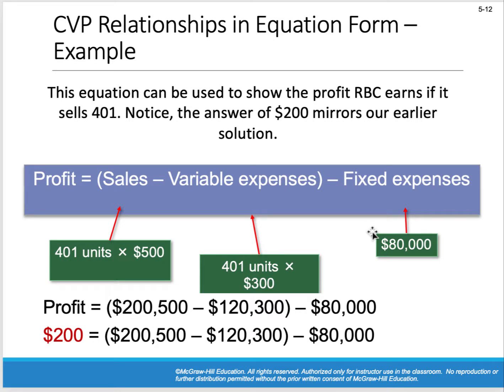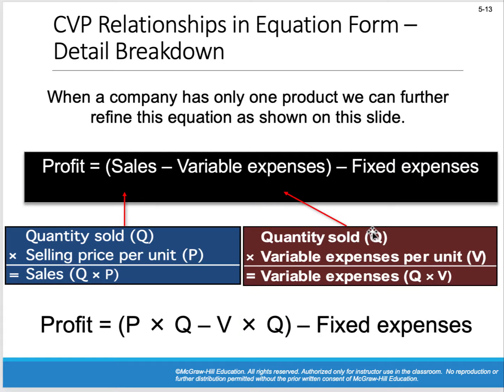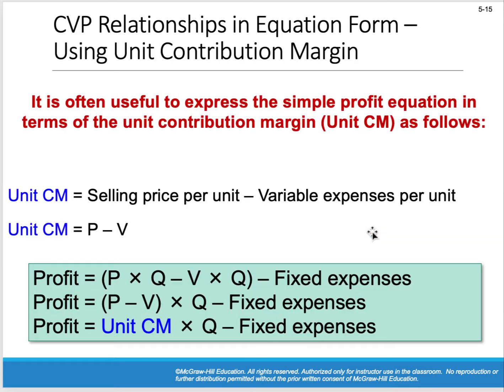Then we broke it down a little further, right? We said that, hey, if we only have one product, we can fiddle around with the per unit basis and say, okay, well, if I take my quantity times my selling price per unit, that gives me my total sales volume, excuse me. If I take my quantity sold times my variable expense per unit, that gives me my total variable expense. Then I subtract out my fixed expenses. I end up at my net operating income.